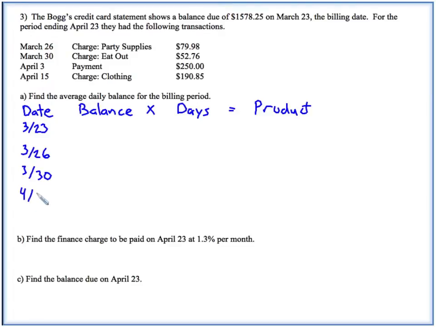April 3rd, and then April 15th, okay, and we can stop there. Now let's go ahead and determine the balance on each of these days. So on March 23rd, our balance was $1,578.25.